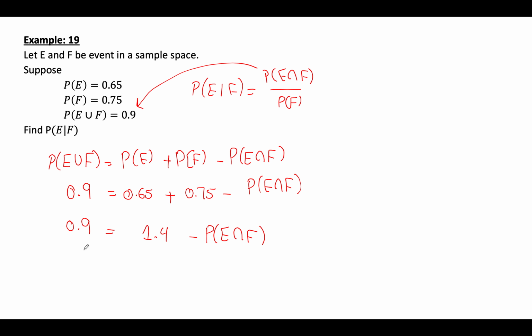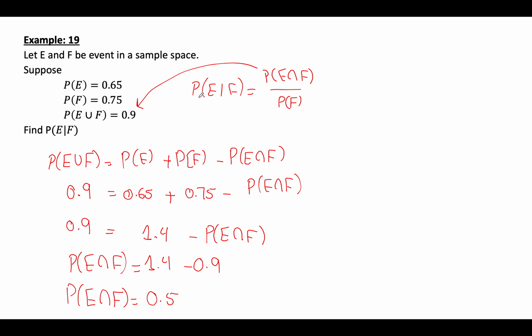All right. Now in order to find the probability of the intersect, we just need to take this out and put this inside. So here we got that the probability of E intersect F is equal to 1.4 minus 0.9. So here the intersect is equal to 0.5. So we go back to our rule.